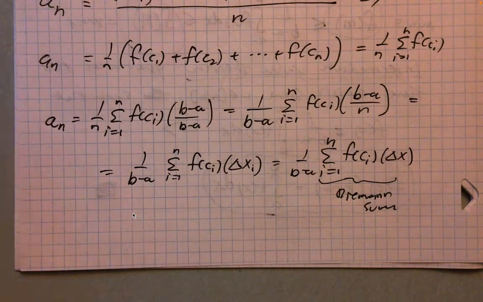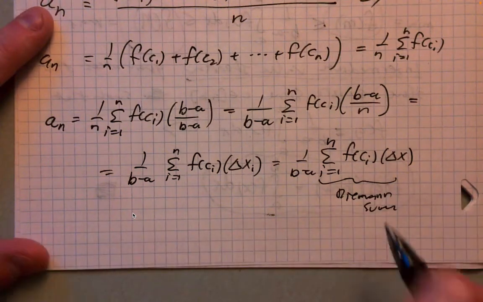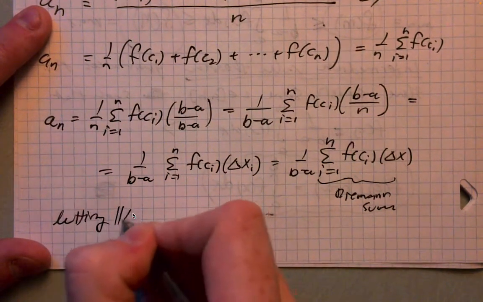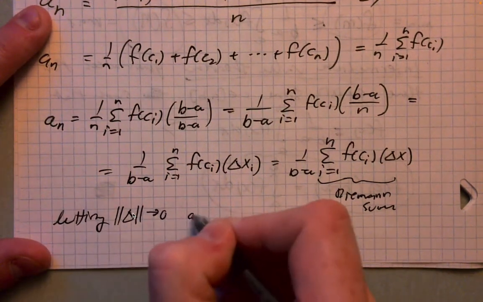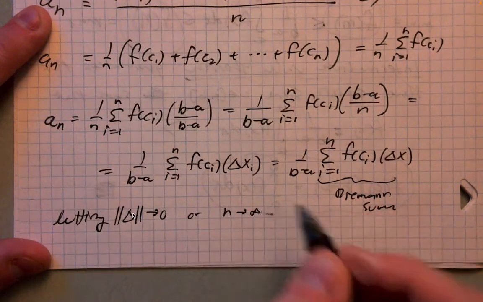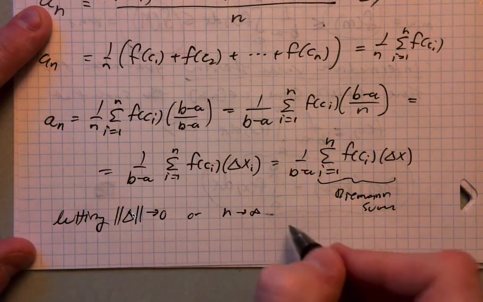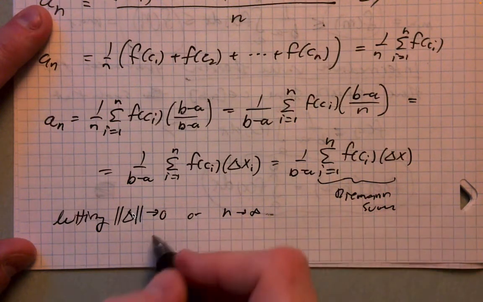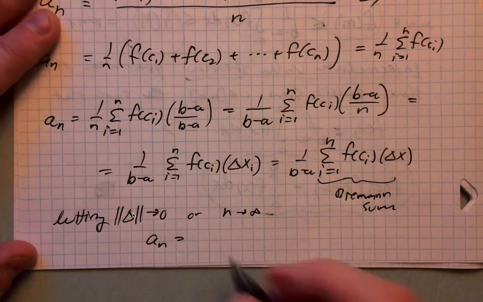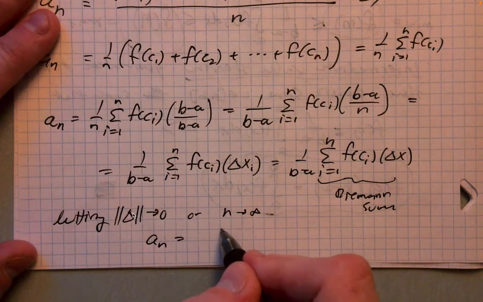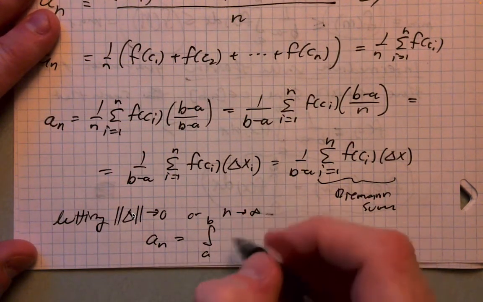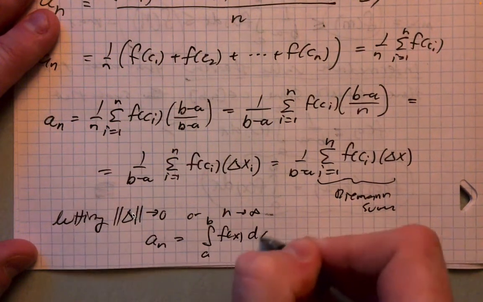Either way, letting delta go to 0 or n go to infinity, same thing, that gets us to what we're looking for: the average is equal to the integral from a to b of f of x dx.